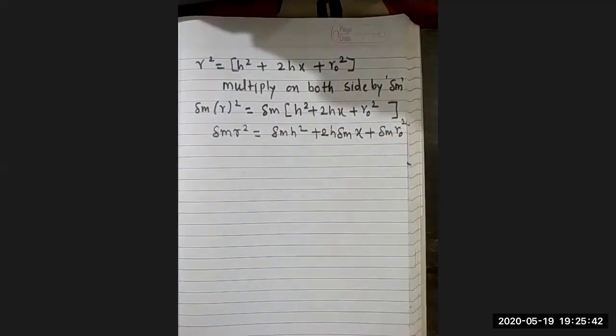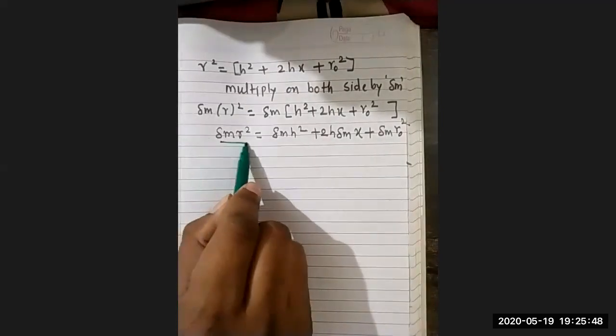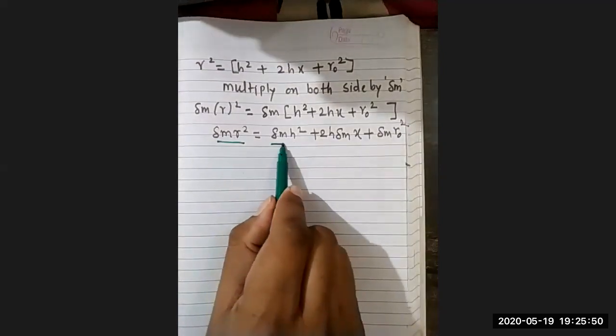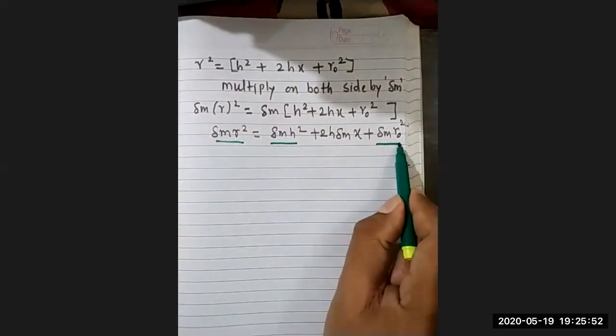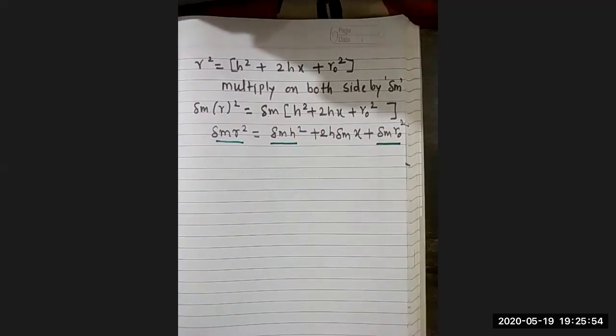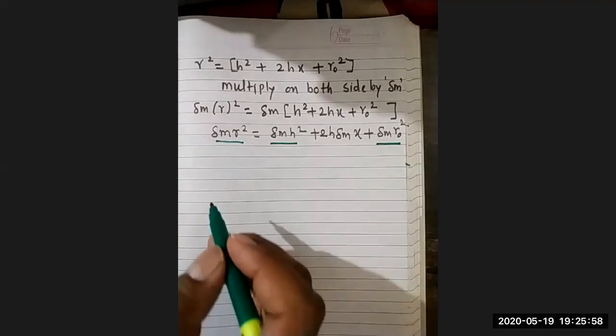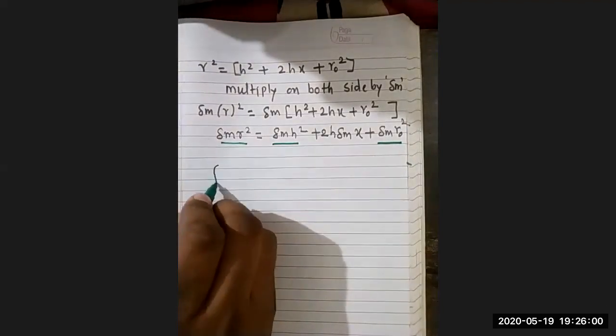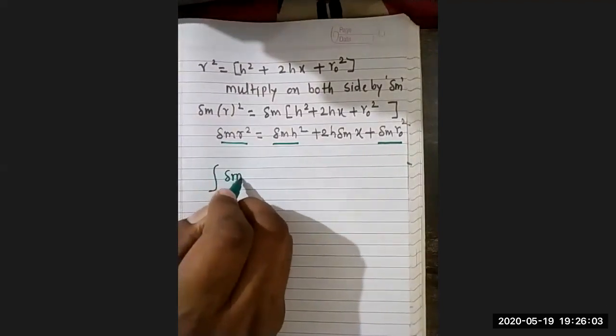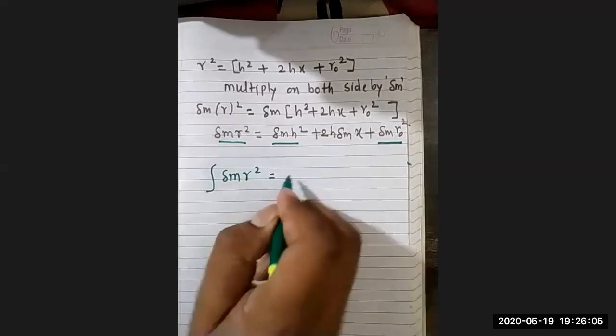So in this expression we have different kinds of terms. This is the first term, delta M into R square, which is important for us, delta M into H square and delta M into R0 square. So that is a very important term. Integration of delta M into R square is equal to I0.